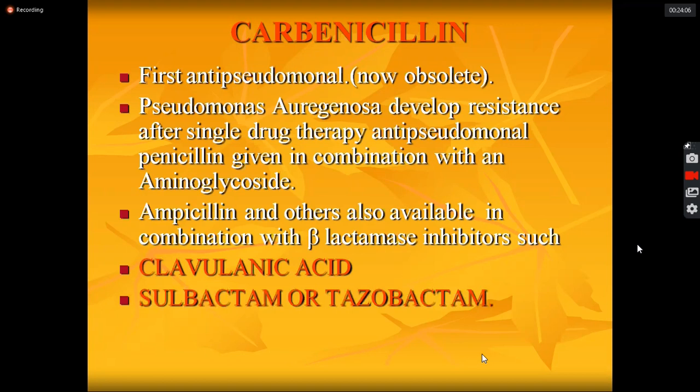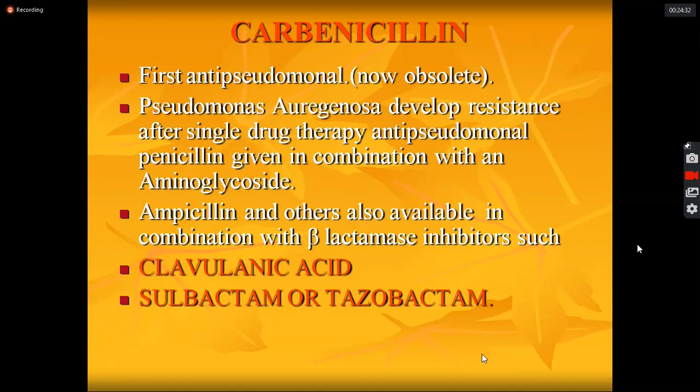Now, what are beta-lactamase inhibitors? As the name tells you, these clavulanic acid, sulbactam, tazobactam, they do not have any antibacterial activity. They just inhibit the beta-lactamase that is produced by the bacteria. So, like Augmentin. You must have heard of the name Augmentin. Augmentin has amoxicillin and it has clavulanic acid.